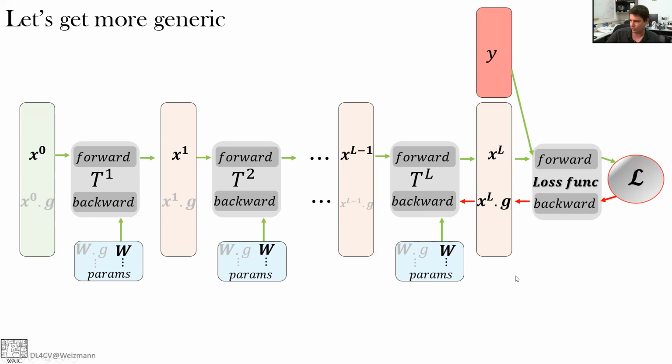Now we can just go on and on. Okay, we apply the backward, and the backward function gives us both the gradient with respect to the weight, but also the gradient with respect to this input layer here. And then we go on, apply backward, we get this, we get that, apply it again, backward.